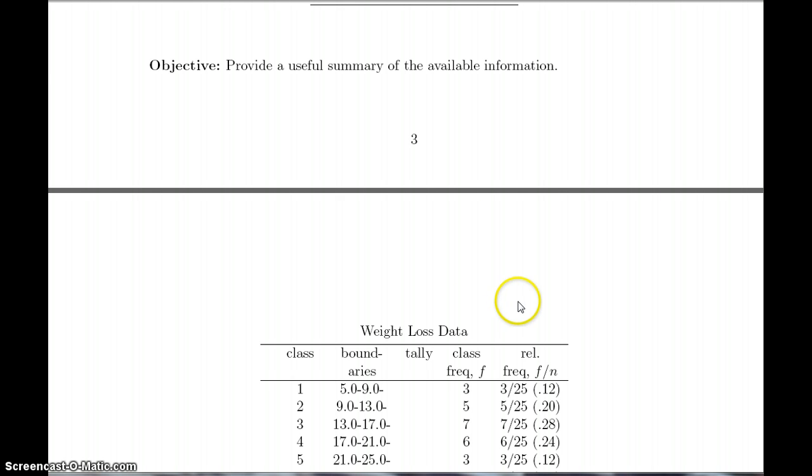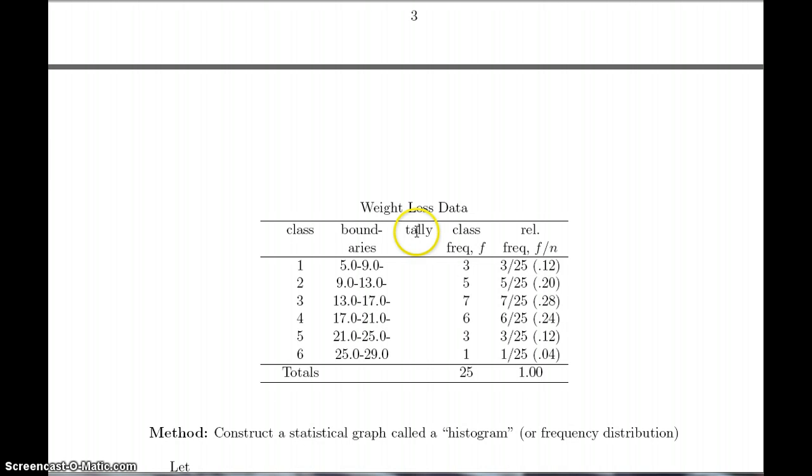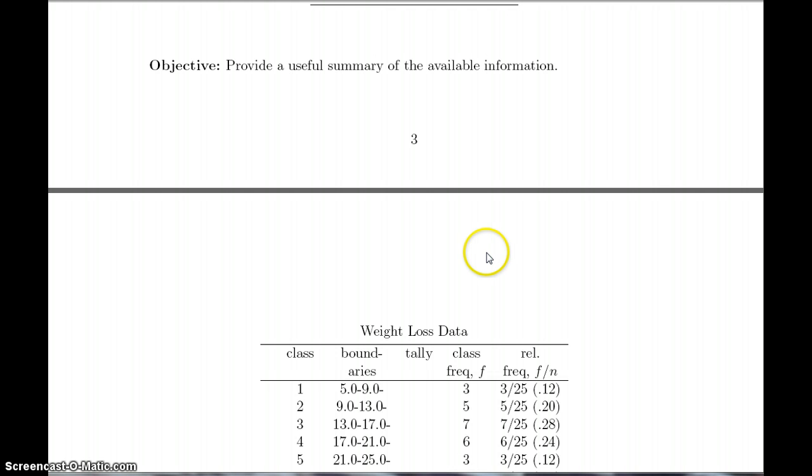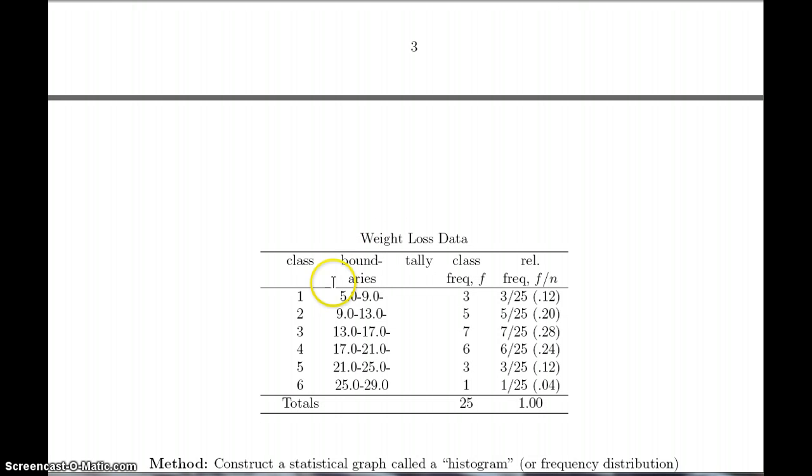So here is how we do that. First, we take the lowest measurement and we go a little bit below that, so we get the 5.0. That's how we got that. And the highest measurement was 28.6, so we go to 29. We call that the range of possible values, and we can divide that into 6 classes.